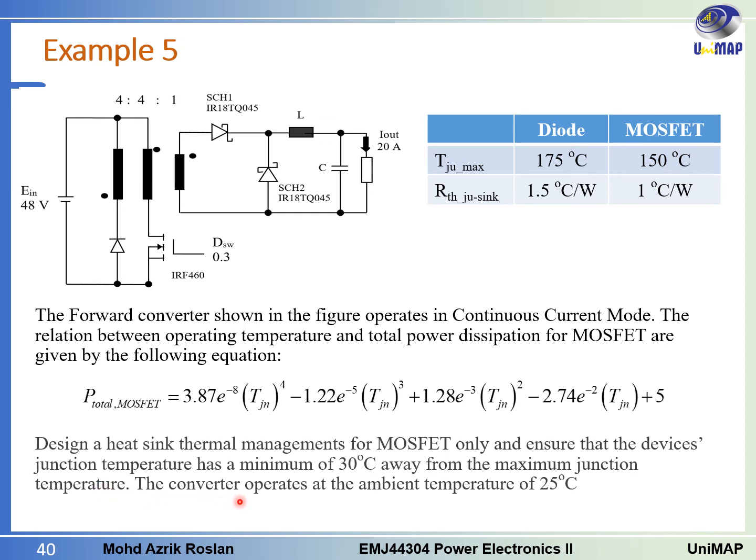The converter operates at the ambient temperature of 25. So the focus of this question is to design the thermal management for only the MOSFET, and not considering the thermal management for the diode. So you focus only on the MOSFET.